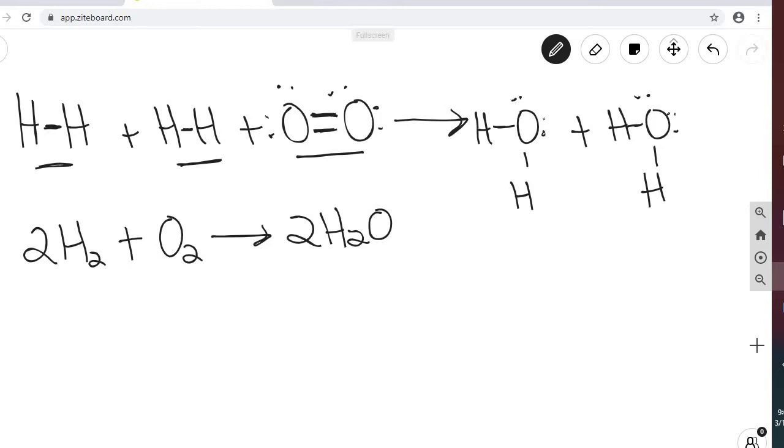So we have to pull apart the oxygen atoms, and then the hydrogens and the oxygens have to rearrange themselves and bind to each other. So in order to break these bonds between the hydrogens and between these oxygens, that requires energy. So breaking these bonds requires energy.